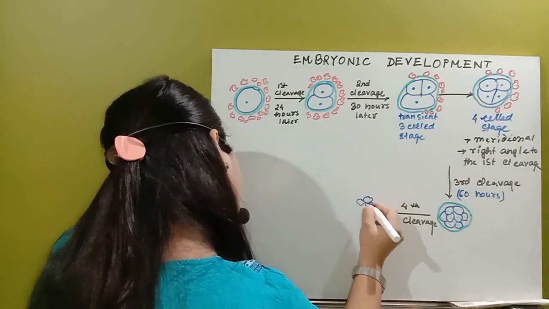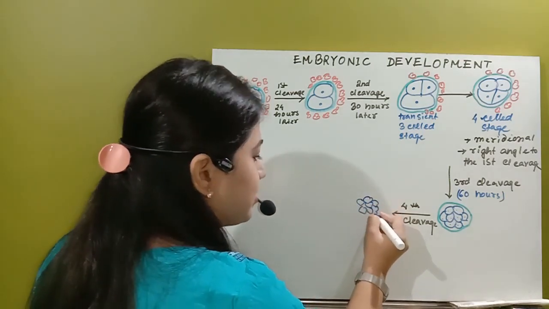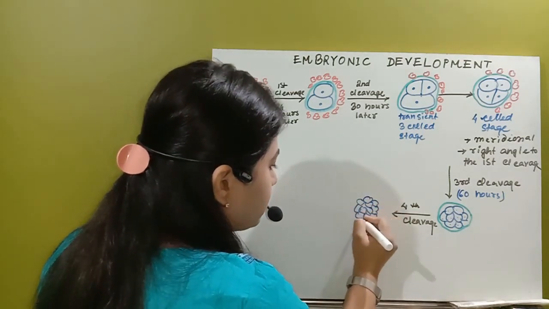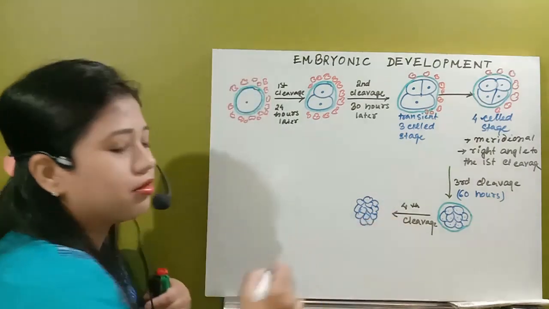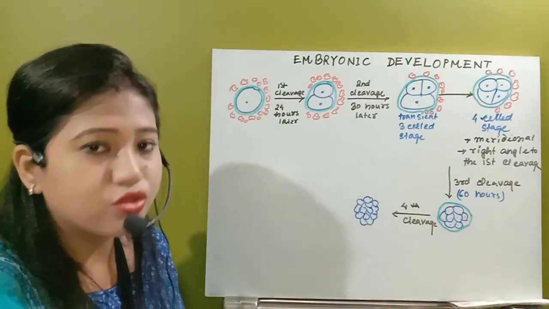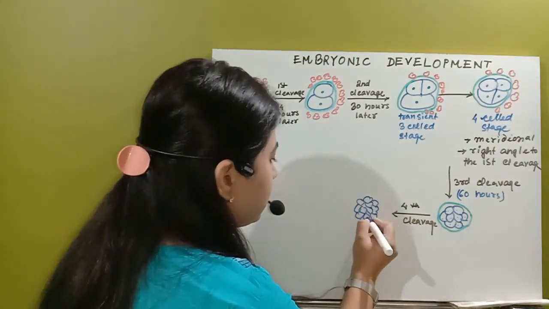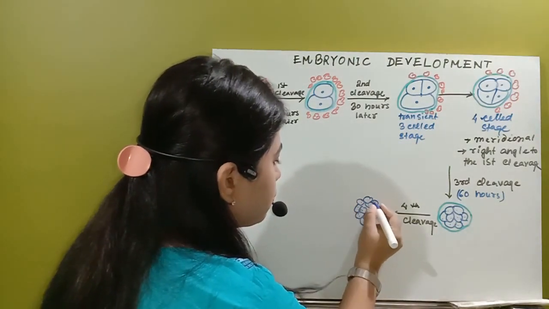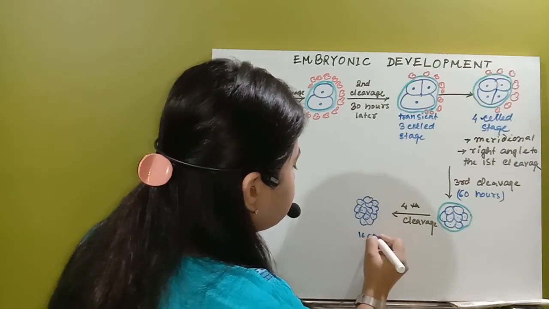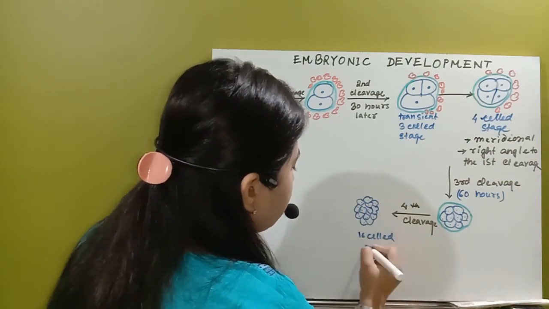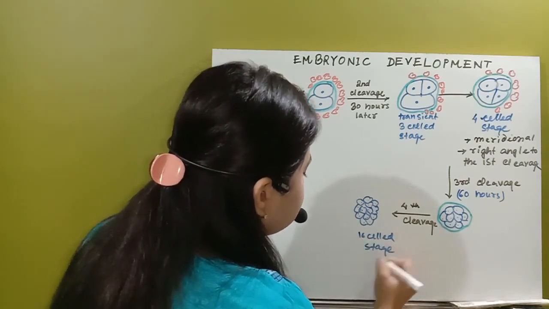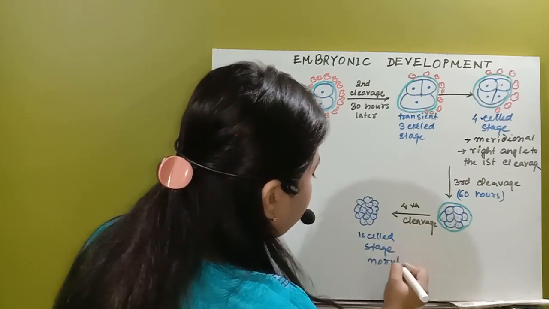We can call it the morula, and this morula looks like a mulberry, so that's why it is known as the morula, and this is the 16 cell stage.